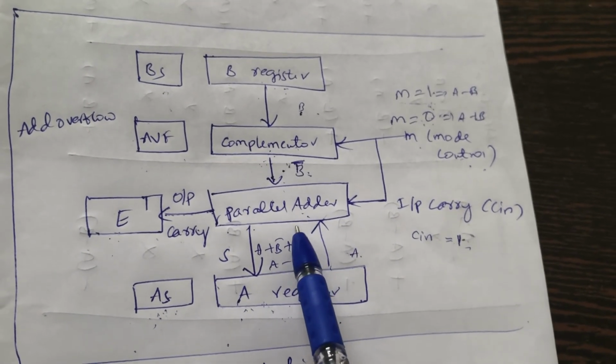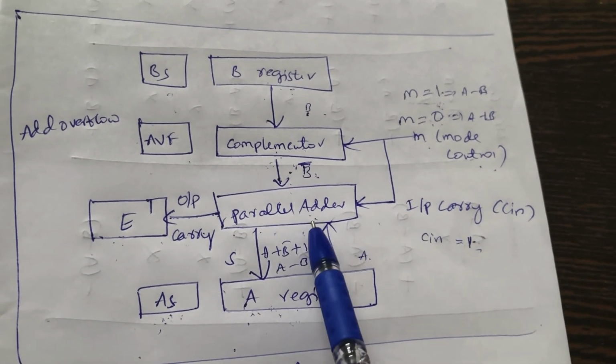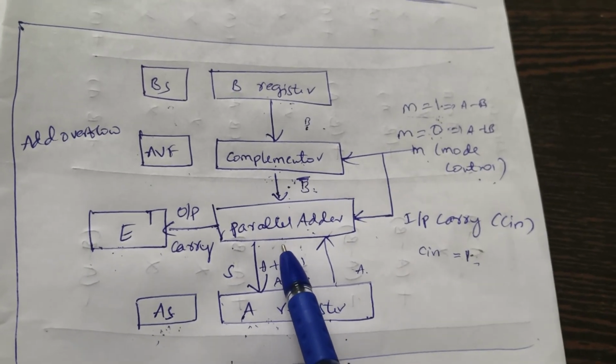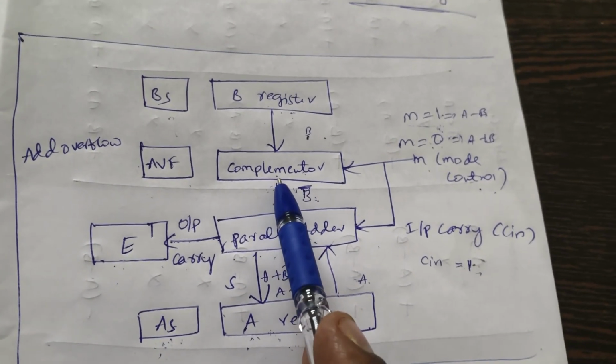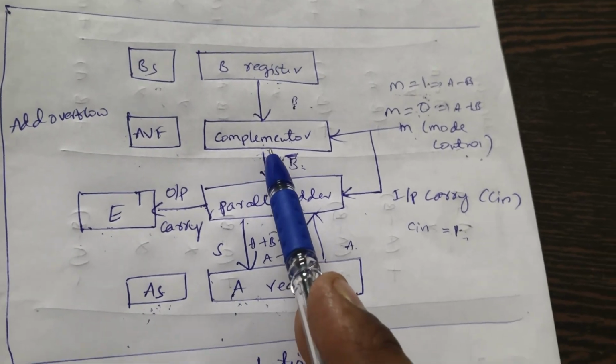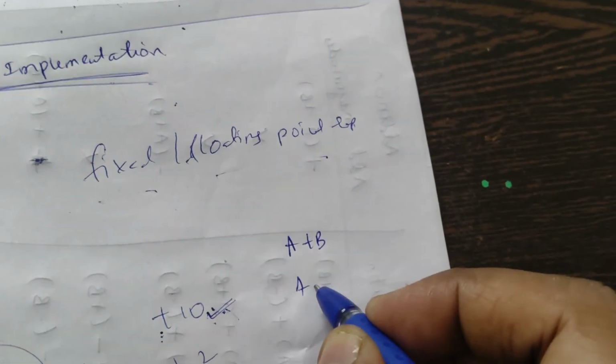This parallel adder circuit is made up of half adders as well as full adder circuits. The parallel adder, which performs the addition operation, is also connected with a complementer circuit. We take this complementer circuit because at a time we are going to perform either an addition operation or a subtraction operation.